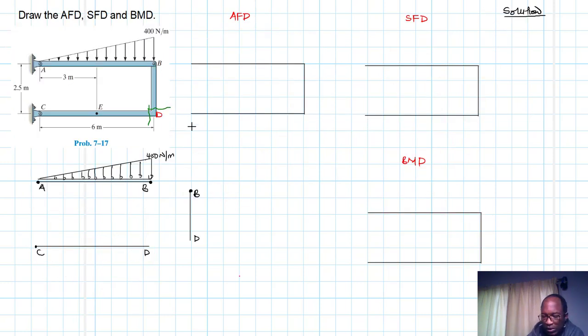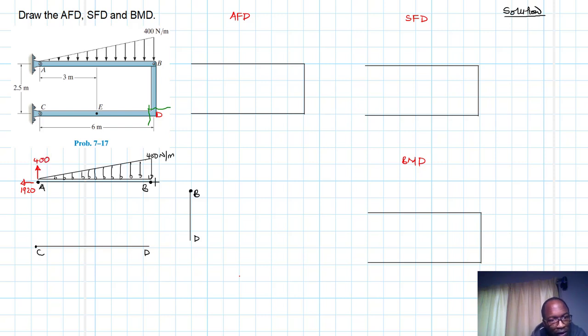We've written down these values. So at A, we have 1920 in this direction. Let me use maybe red. We have a 1920, and then we have a 400, like so.